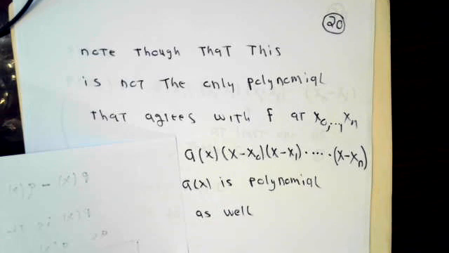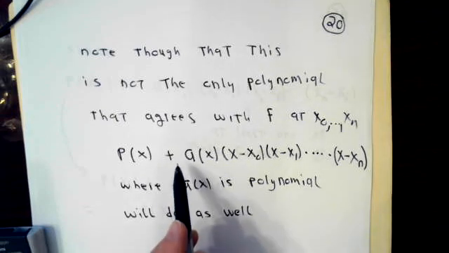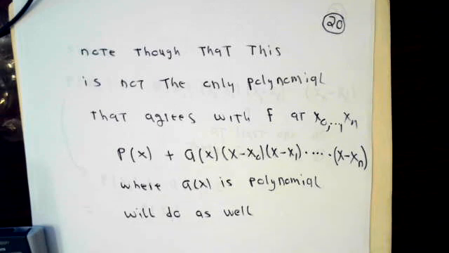So if I had any polynomial, a of x, multiplied by this quantity, then the resulting thing is 0 at each one of the xi's from our data set, meaning, though, that if I took p of x, which is a polynomial of degree no more than n, and this thing, which is a polynomial of degree greater than n, and add them together, this is still going to interpolate my data.